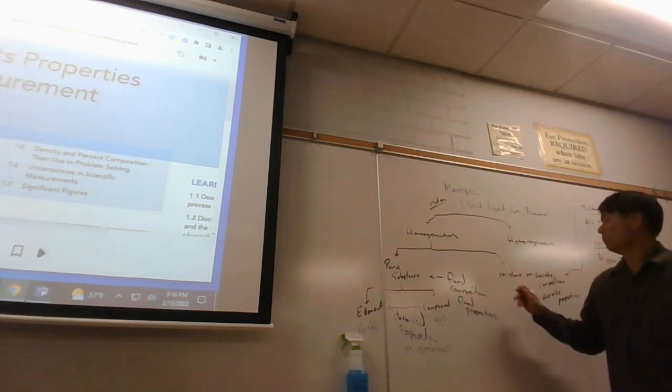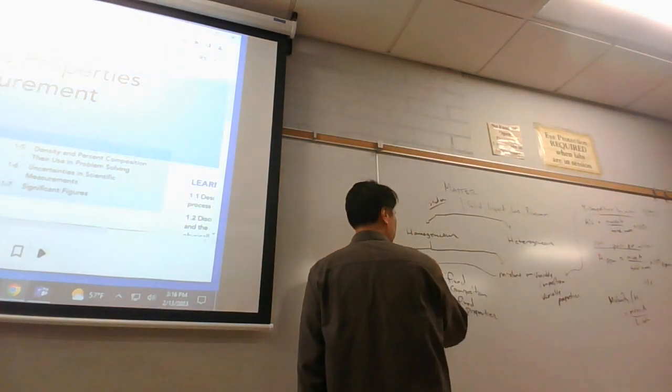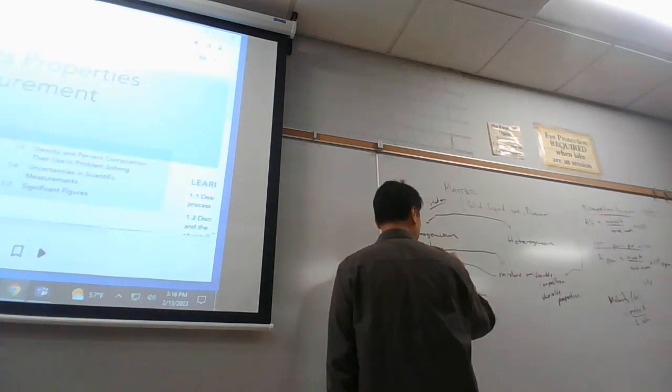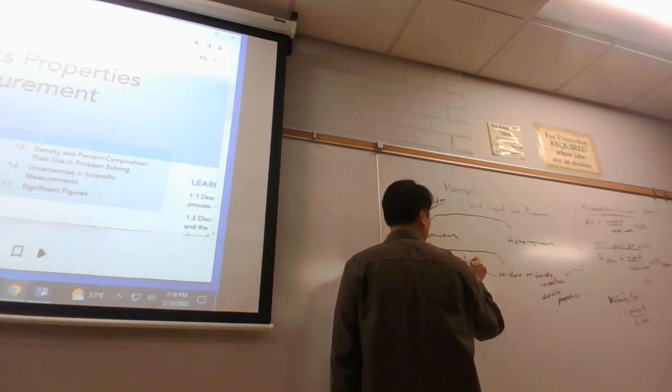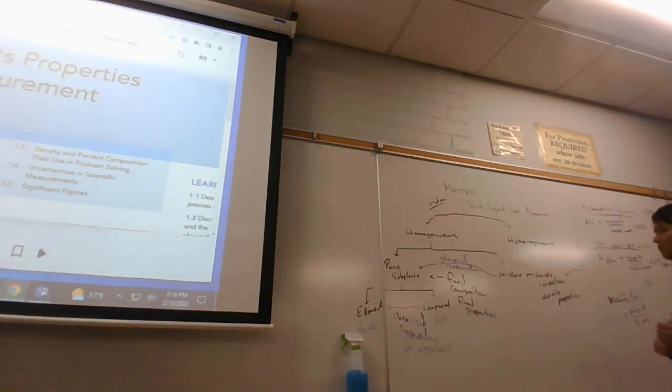However, for mixtures, we don't use electrolysis to separate. We can separate mixtures easily. So if we had salt water, or we had a mixture of hydrogen and oxygen, we could use physical separation techniques to do this. And the physical separation techniques I talked about earlier, like distillation, etc., those would be physical separation.